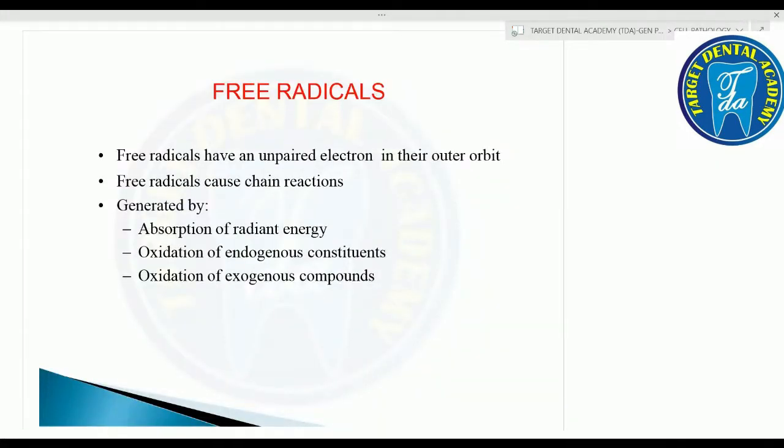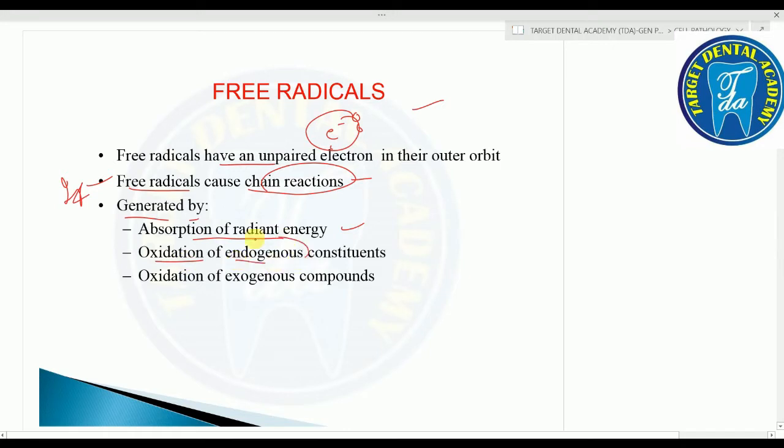Now let's discuss free radicals. Free radicals have an unpaired electron in their outer orbit, and they cause chain reactions. Important. These are generated by the absorption of radiant energy, the oxidation of endogenous constituents, and the oxidation of exogenous compounds. Important.